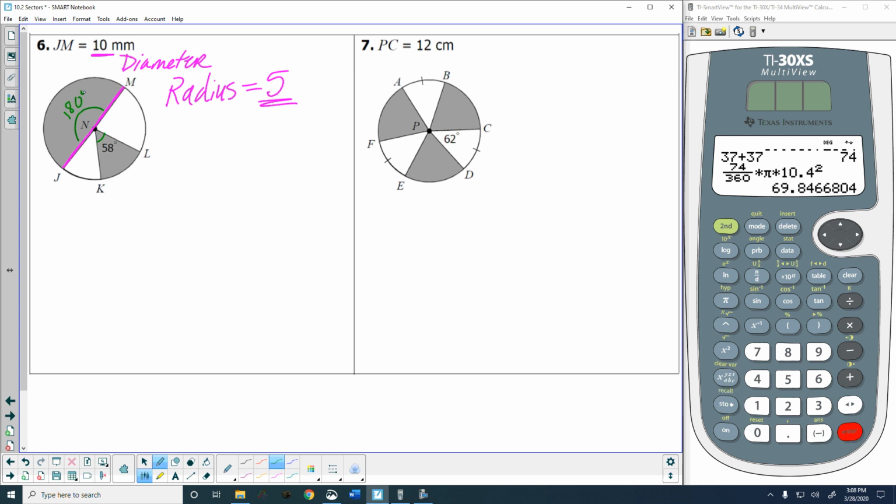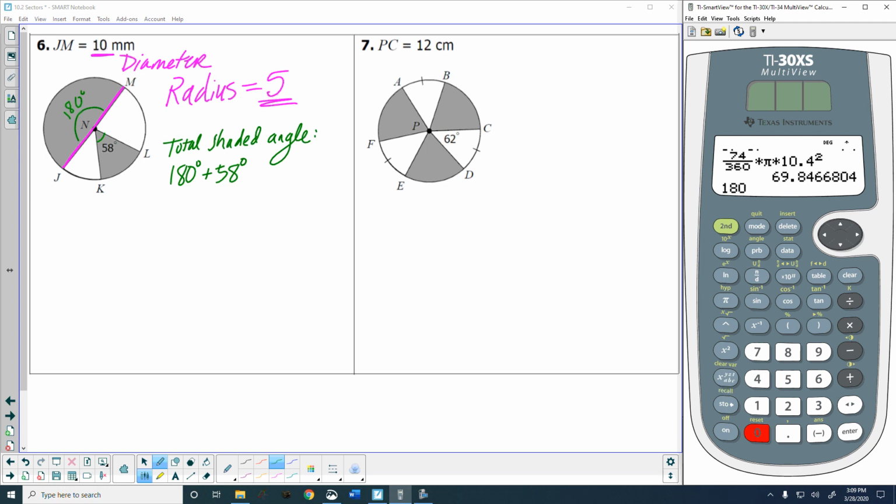So to find the area, we'll just add those two angles together. So that's 180 plus 58. So 238 degrees.